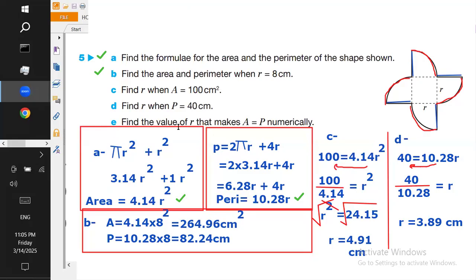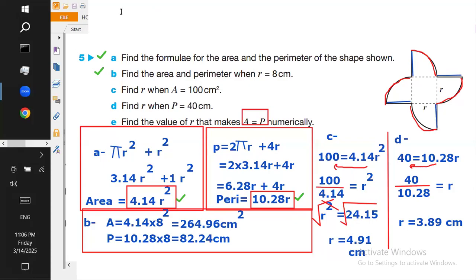They said find the value of R that makes A and B equal. This is A, which is the area. This formula here is the area, the first one that we found. And this is the perimeter, the one we found after. They said it's equal. It means write them next to each other with an equal sign between them.